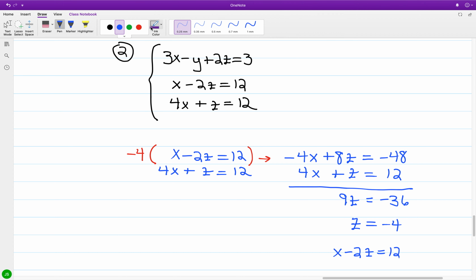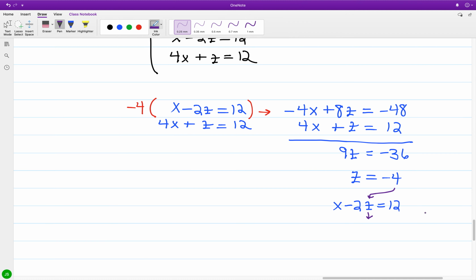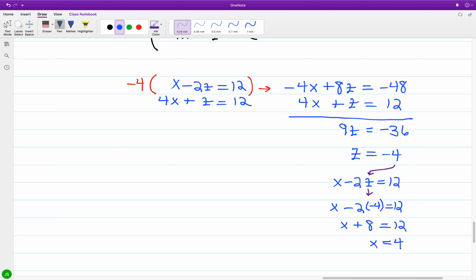Taking what I have for z, x minus 2 times negative 4 is equal to 12. Here negative 2 times negative 4 is 8. x plus 8 is equal to 12. And the resulting solution for x is 4.